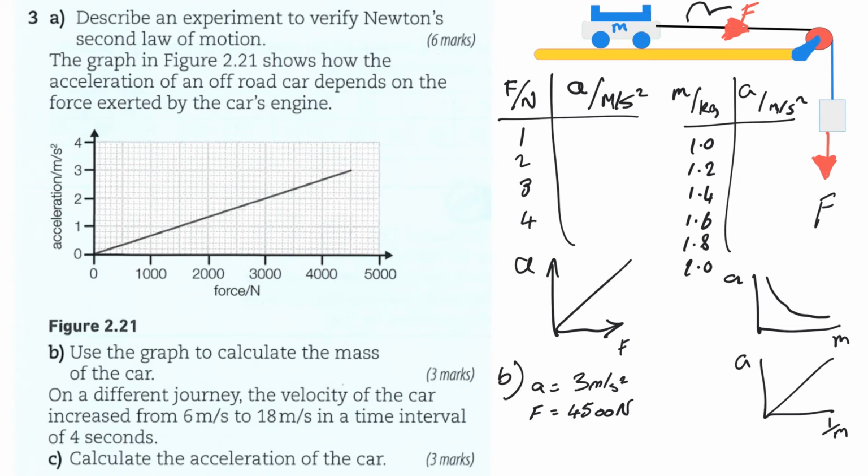So we've got an acceleration of 3 meters per second squared when the force was 4,500 newtons, and we know that F equals ma, so m is going to be F over a. So that's going to be 4,500 over 3, which is going to be 1,500 kilograms.